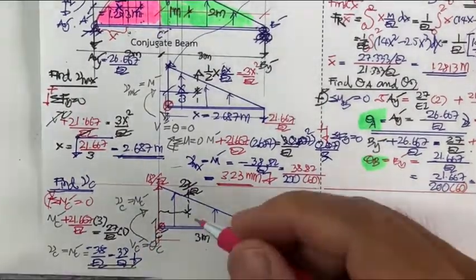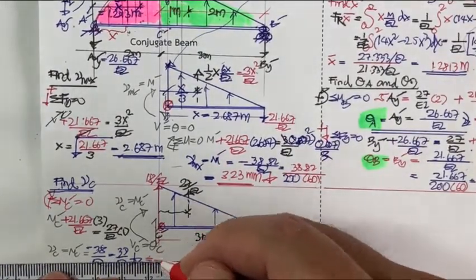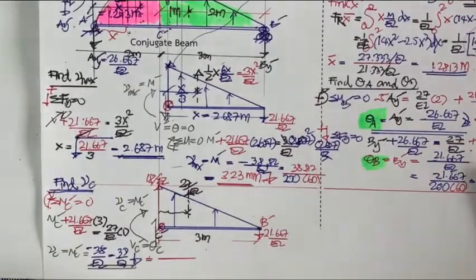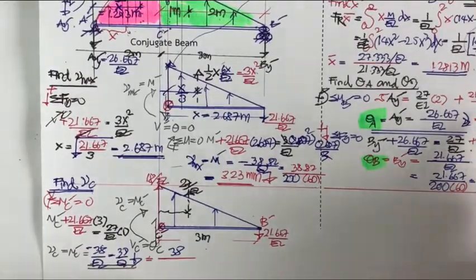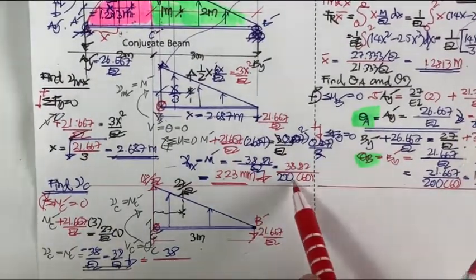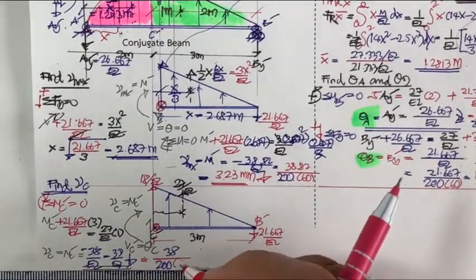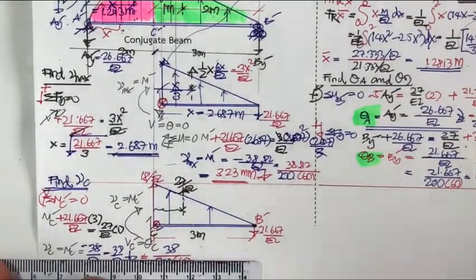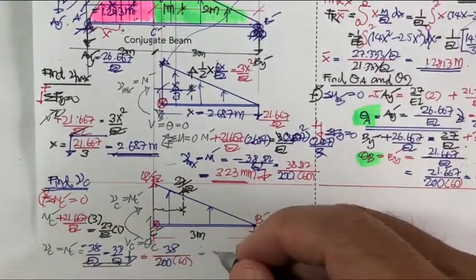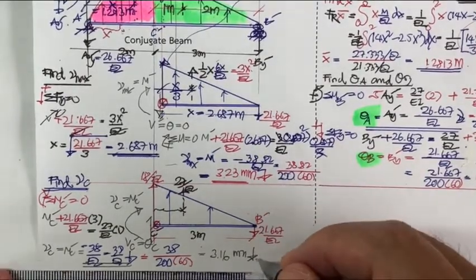If you like to put it in the equation, this is going to be 38 divided by 200 and 60. If you reduce this one, you get 3.16 millimeter.